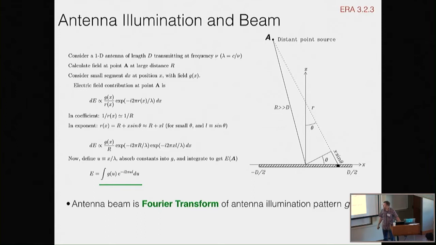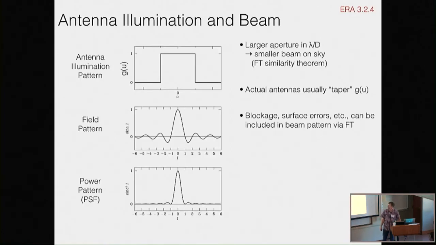And so the antenna beam pattern on the sky turns out to be the Fourier transform of the electric field illumination pattern of the antenna. And this is really quite useful. In the simple case, which is that one-dimensional line, you've got that top hat function, and its Fourier transform is the sinc.